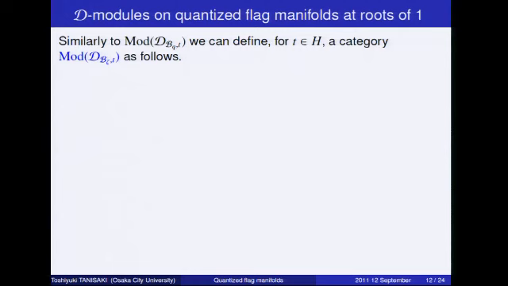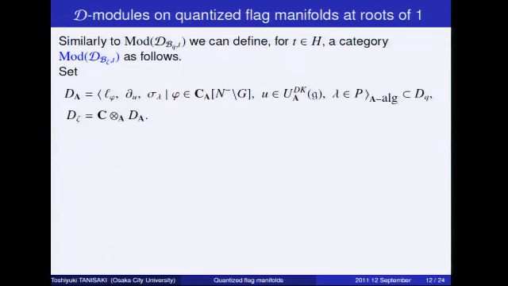And it is defined as follows. So in defining this, I need some P-graded ring, D zeta. So in defining this, I consider some A form of DQ. I use the DQ for defining this category. But I need some A form and consider specialization.